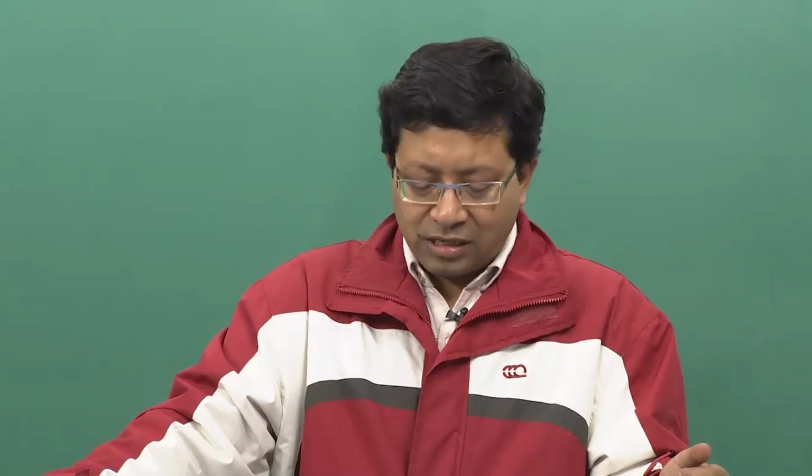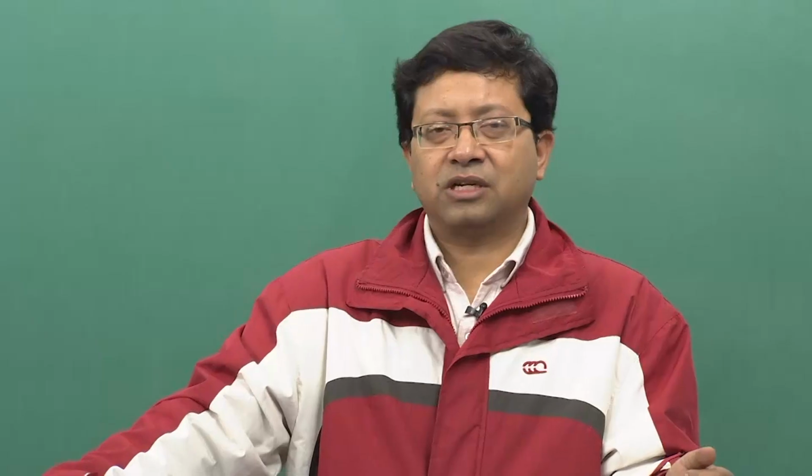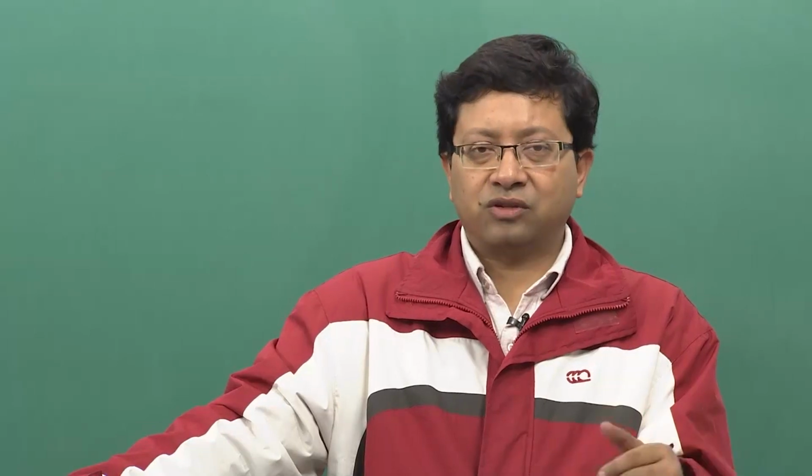And the dotted lines basically represent the process where it signifies activities that do not contribute to the successful launch. So, there may be some stages or some set of work which would not lead to a successful stage. So, we are trying to differentiate that with dotted lines. These are basically a nomenclature we are trying to utilize for the arcs in order to make things much clearer to us.